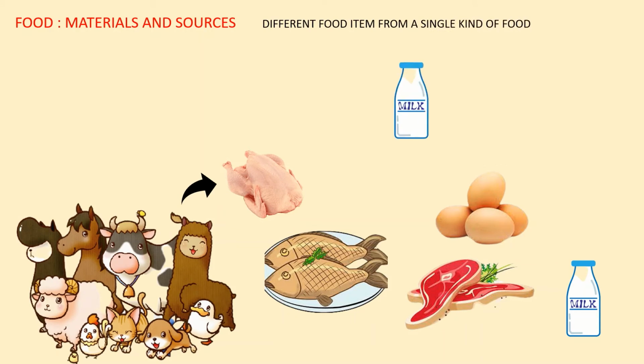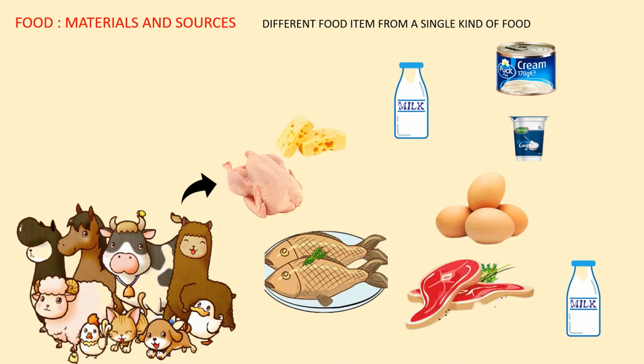So, how can we obtain different food items from a single kind of food? For example, milk. From milk, we get cream, butter, curd, cheese. Yes, we get all the dairy products from milk.